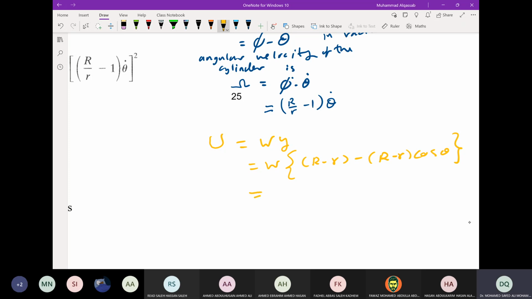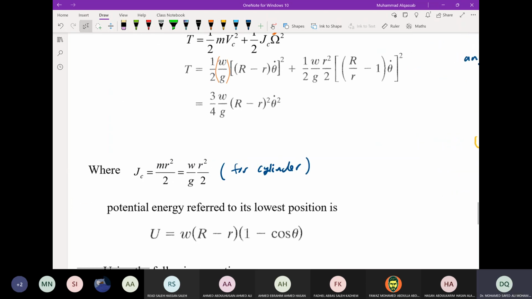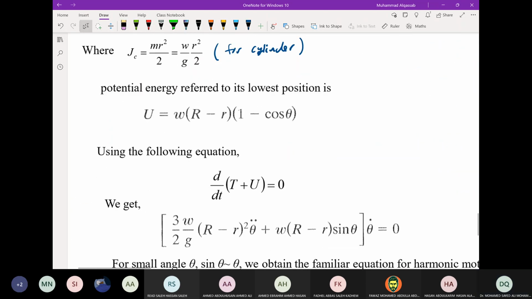Okay, so you can take R minus r common, and this will be 1 minus cosine theta. We don't do the approximation from here that sine theta is small and cosine theta is 1, because then this will be 0, always 0. So we keep the approximation to the last steps. So this is the potential energy.